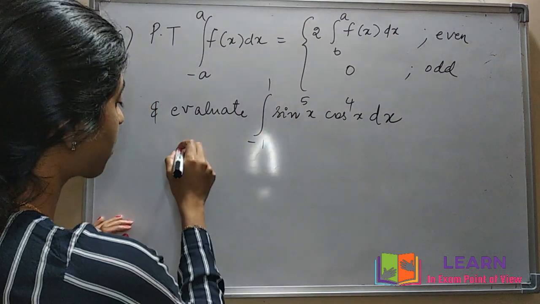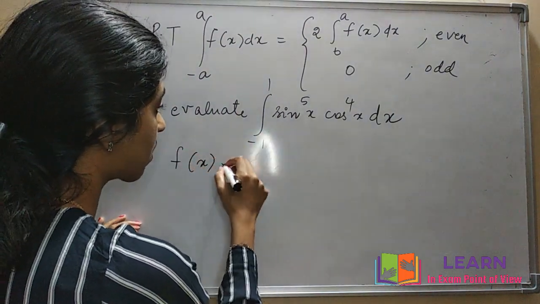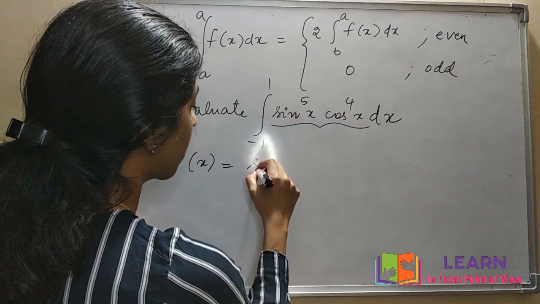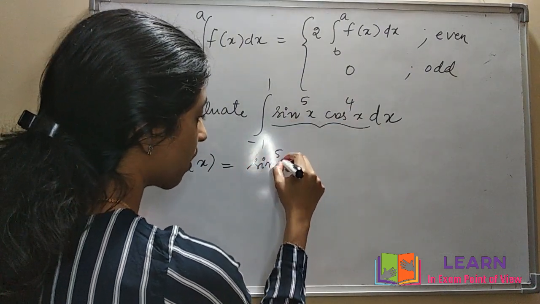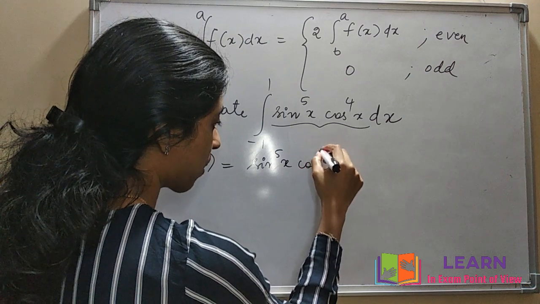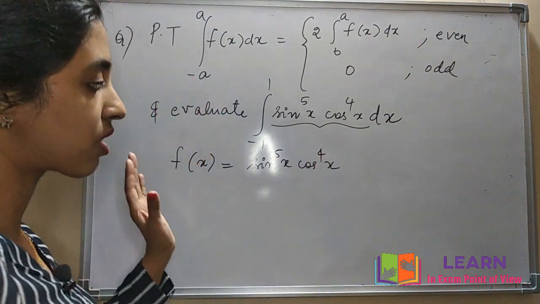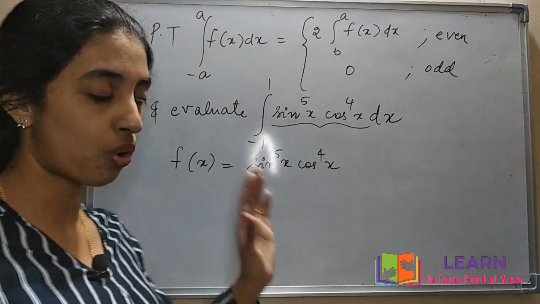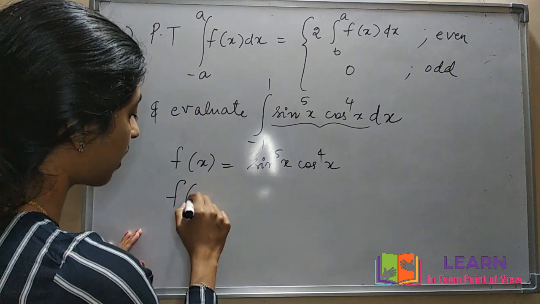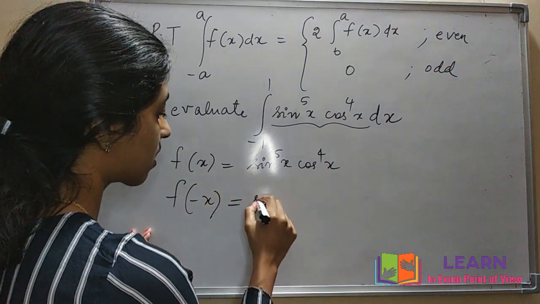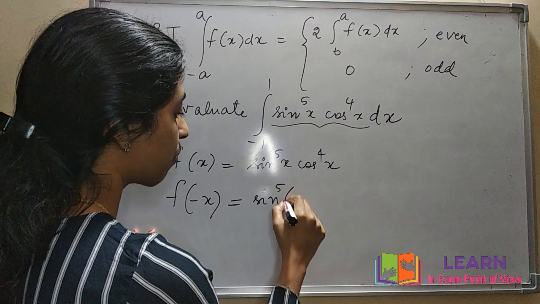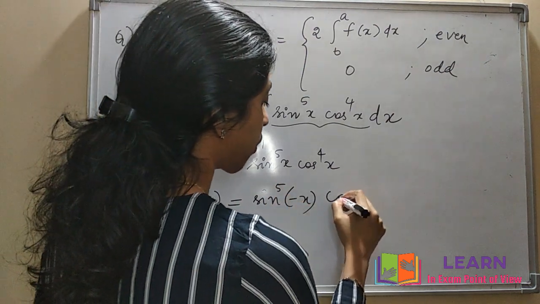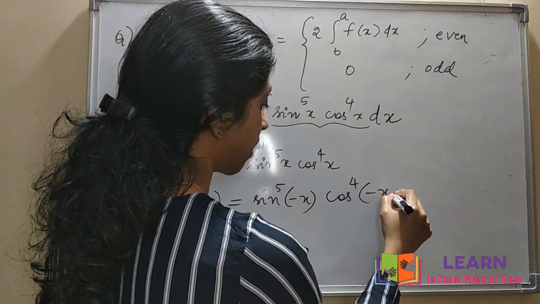So let f of x be sine raised to 5x cos raised to 4x. First we check whether this function is even or odd. If we put negative x, we get sine raised to 5 of negative x and cos raised to 4 of negative x.